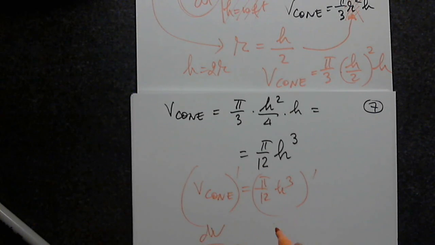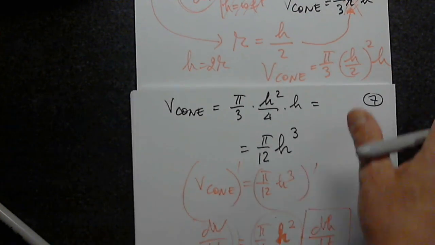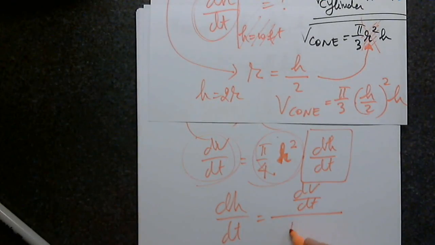The right-hand side is pi divided by 4 times h squared times dh over dt. Be very careful how we solve for dh over dt. It is this piece over this piece. So dh over dt equals, at the top, dV over dt, we cannot separate those two, divided by pi over 4 times h squared. Nobody cares to simplify this.